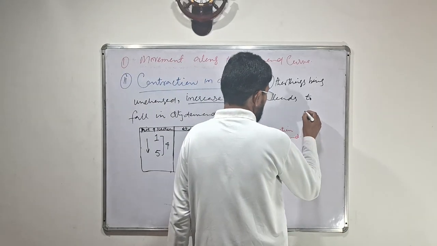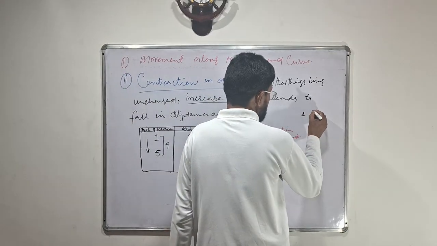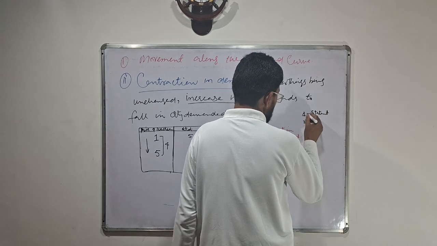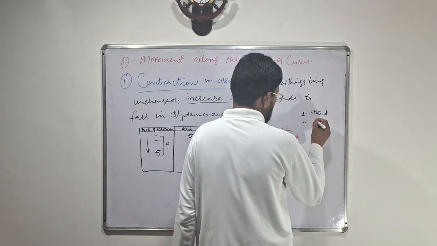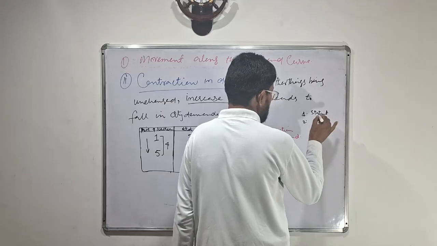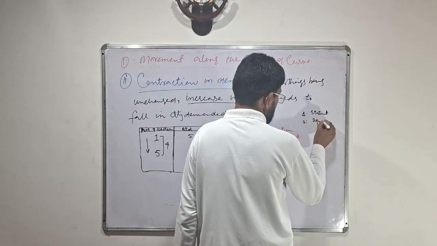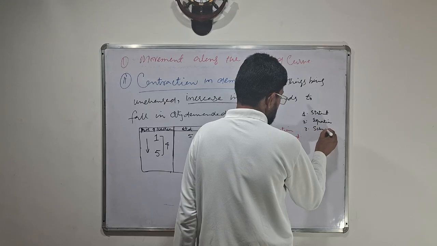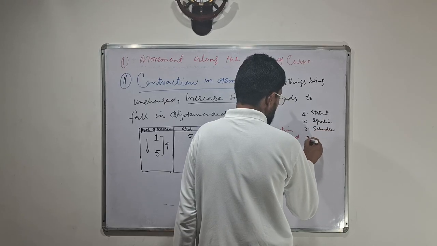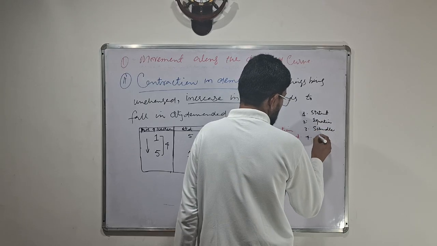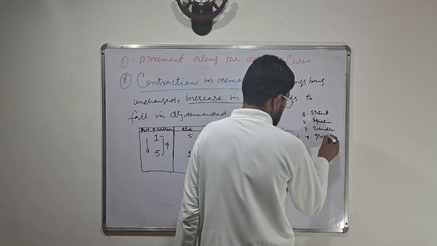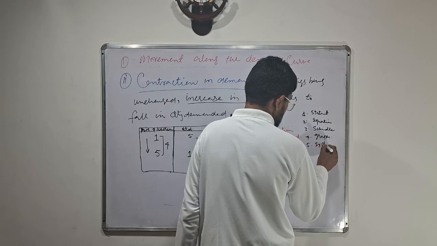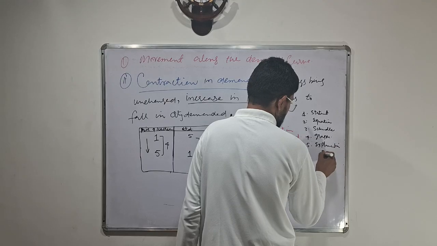In economics, first you have to write the statement. Second, if there is an equation, you write the equation. Third, you write the schedule. Fourth, you draw the graph. Fifth, you write an explanation of the graph.